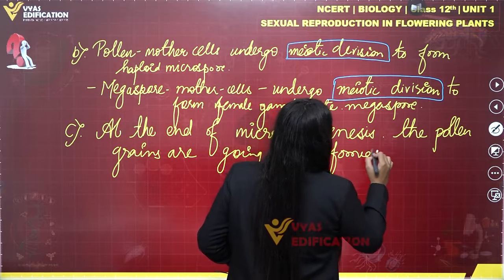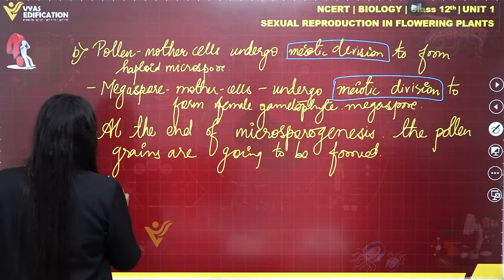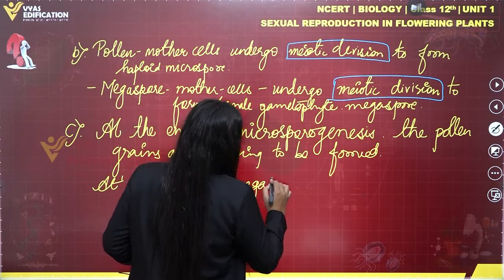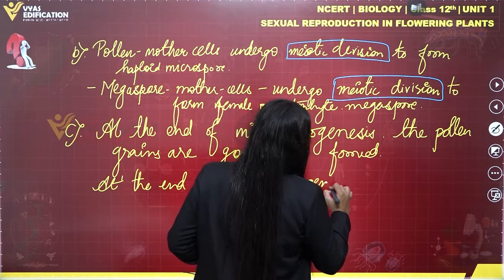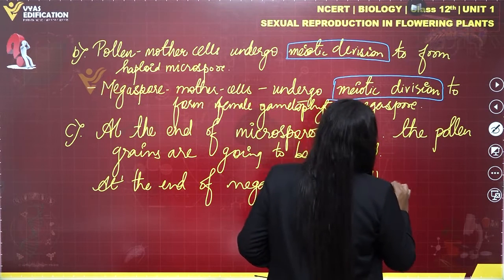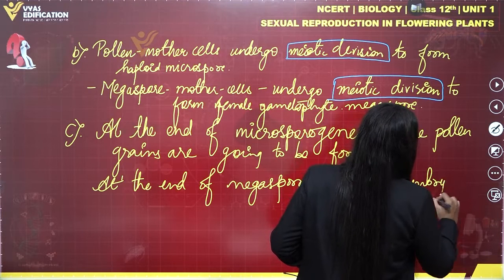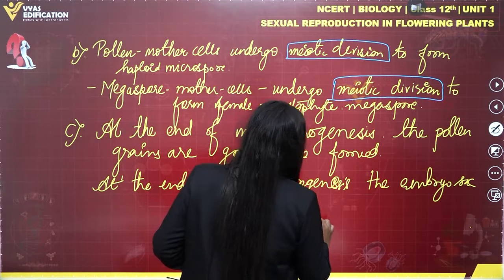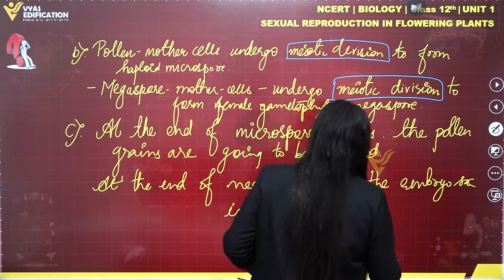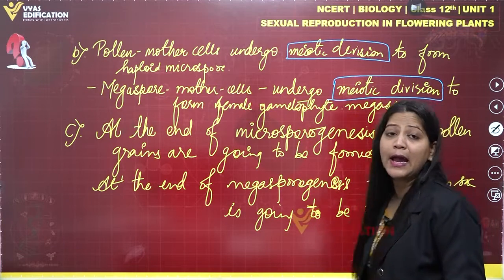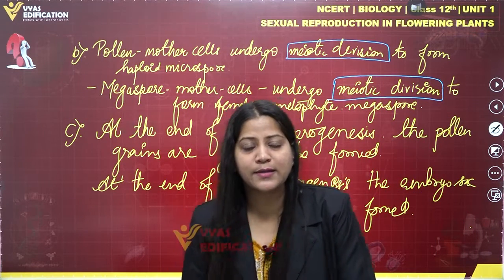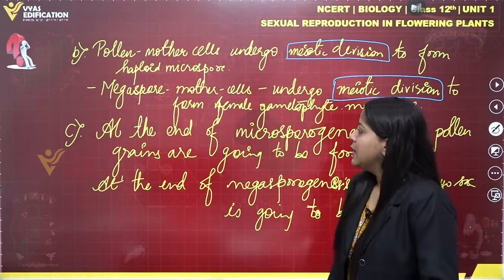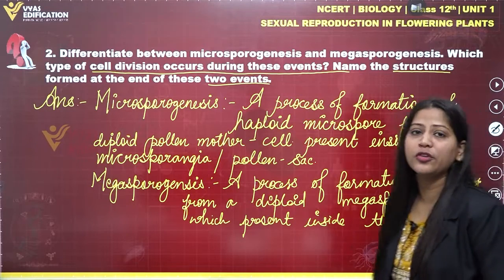And at the end of megasporogenesis, the embryo sac is going to be formed. So now we know that at the end of microsporogenesis, pollen grains are formed, and at the end of megasporogenesis, the embryo sac is formed. Now we have completed the solution of question number 2.